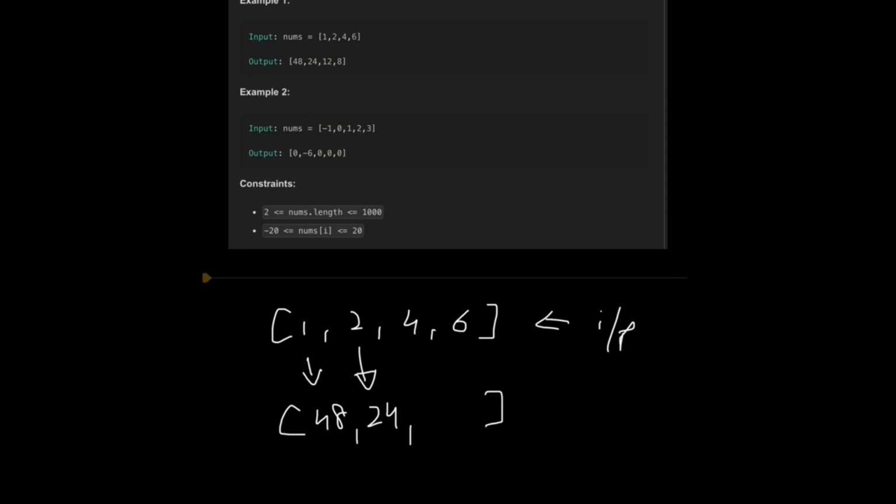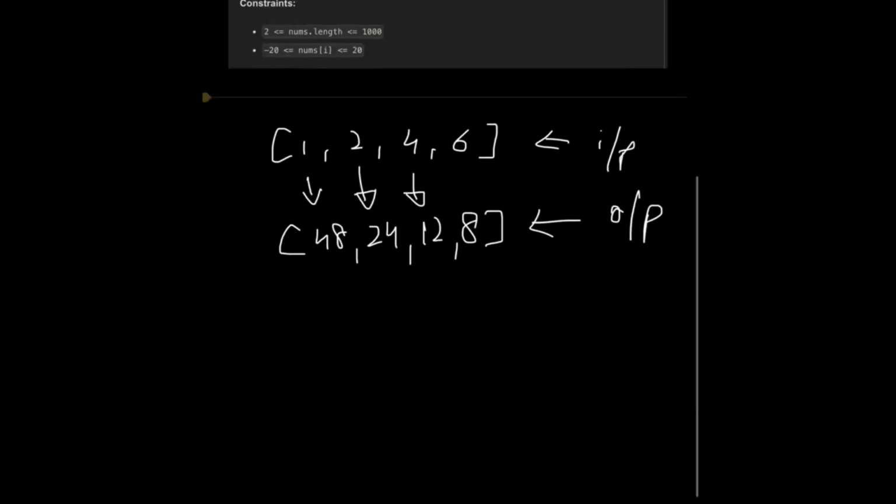The result at index 2 is going to be 1, 2, and 6, basically these three without 4 itself, and that is going to be 12. And the last one is the product of 1, 2, and 4, which is 8. So this is what we get as our result or output array.